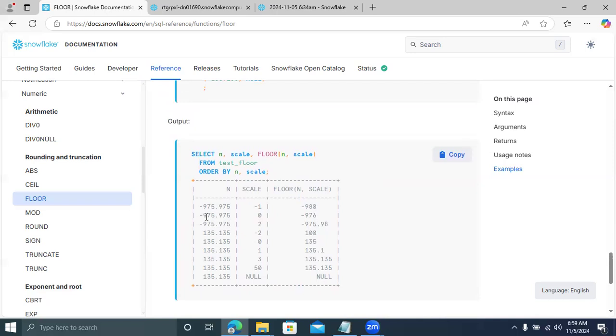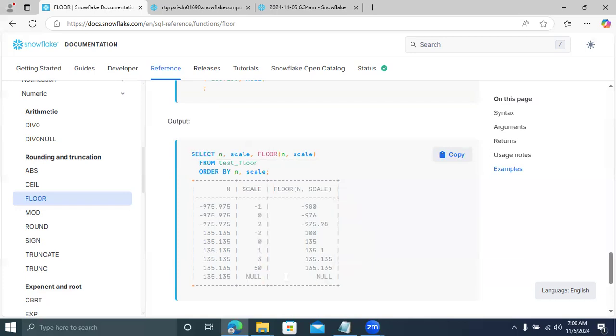Though it is minus 975, it will go to the next lower integer, minus 976. And then with the scale factor 0, it goes to the lowest integer, 135. If you get a null scale factor, you'll get the output as null.